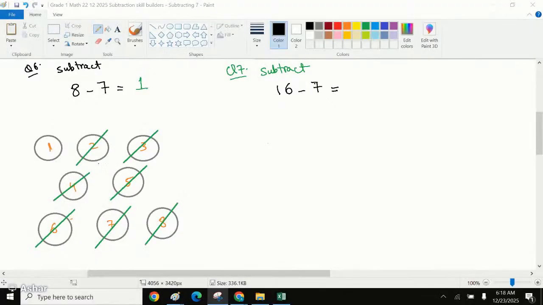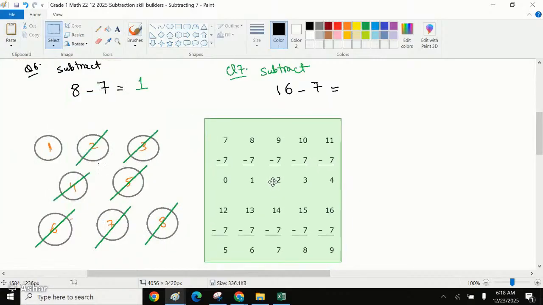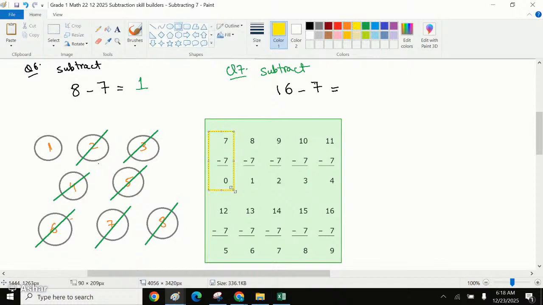We can remember these values because 7 minus 7 was 0, right? Same way, 8 minus 7 is 1, 9 minus 7 was 2, 10 minus 7 was 3, and so on, right?